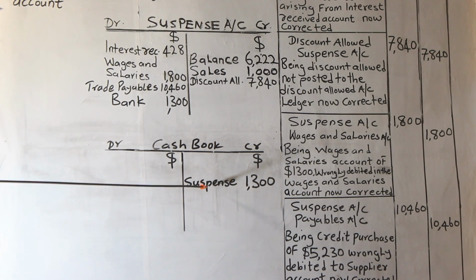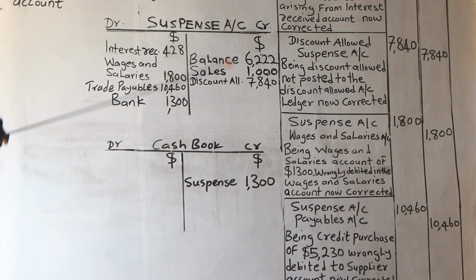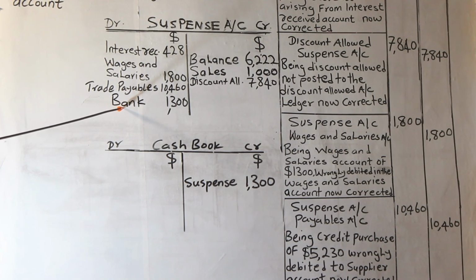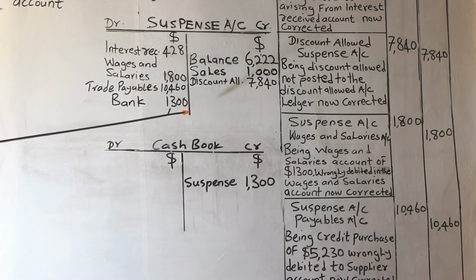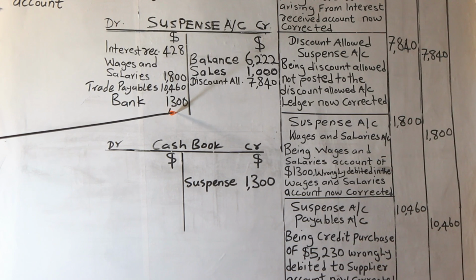And since the cash book has been credited with $1,300, that is suspense, then the suspense account will be debited with $1,300. That is as a result of the record in the bank account, that is cash book bank column. Of course, this error has resulted in increasing the debit side of the trial balance by $1,300, and that is why it is posted to the debit side of the suspense account.